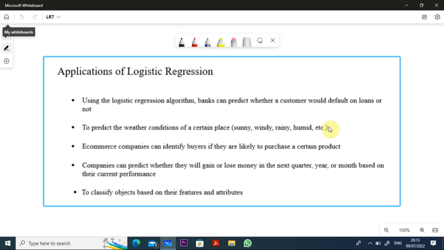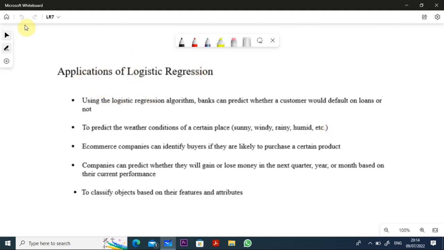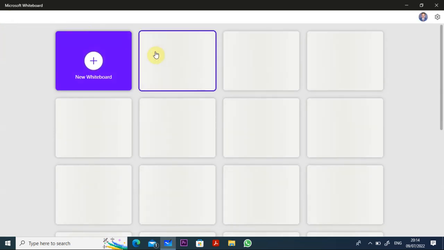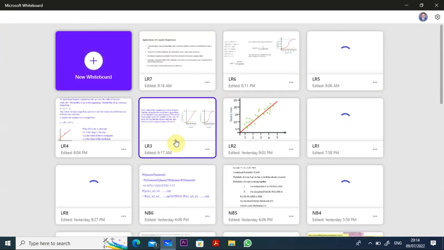Companies can also predict whether they will gain or lose money in the next quarters. Suppose we divide the entire year into 4 quarters. The first quarter is a gain, but will the second quarter be a gain or a loss? The company can also predict in a year or in a month, we can predict all these things. And to classify objects based on their features and attributes, we use logistic regression. Now remember, whenever we come across this type of thing, logistic regression is more suitable, so you can apply it there.